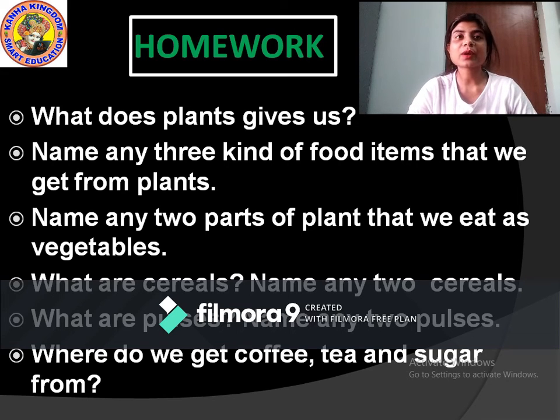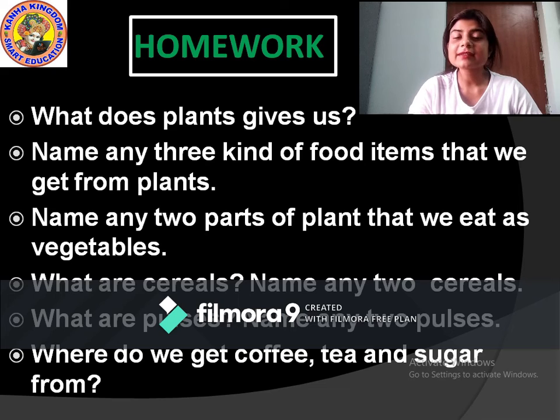Then our next question is, name any 3 kinds of food items that we get from plants. What are the different kinds of food items that we get from plants?